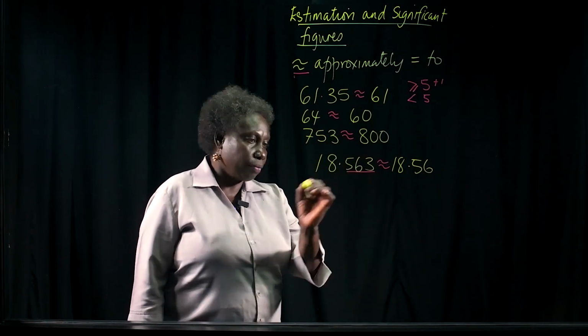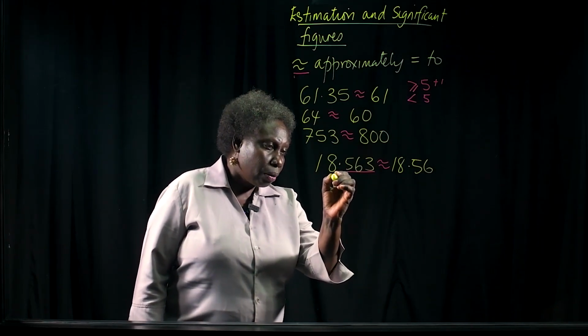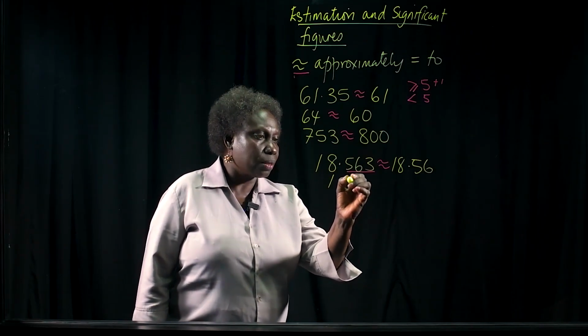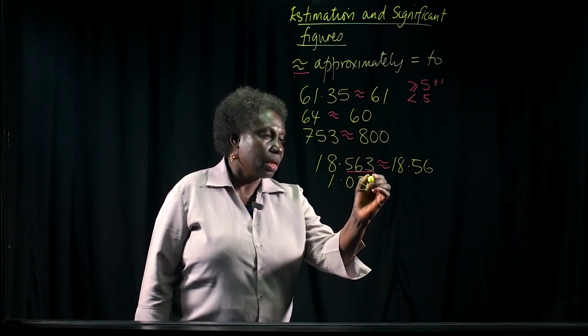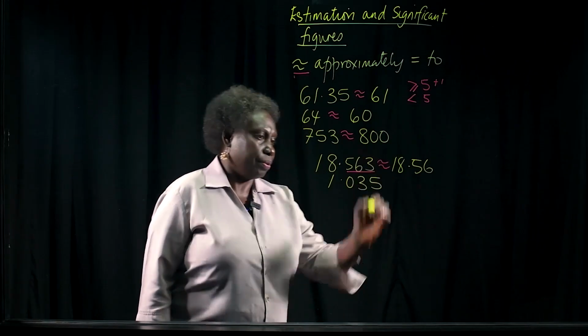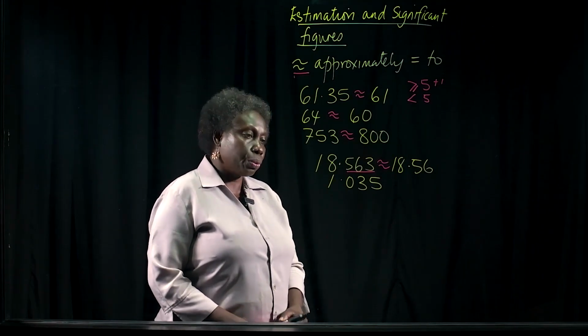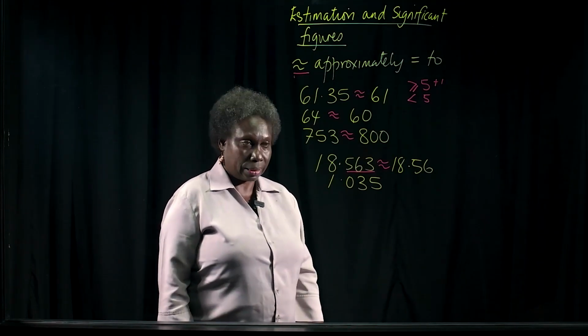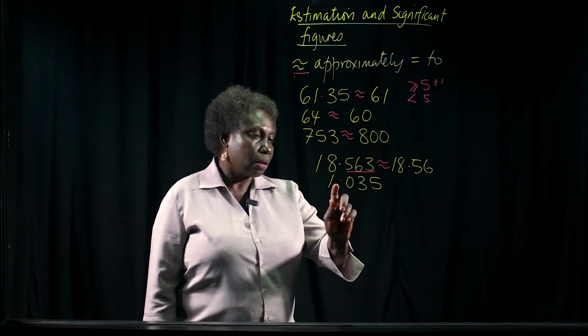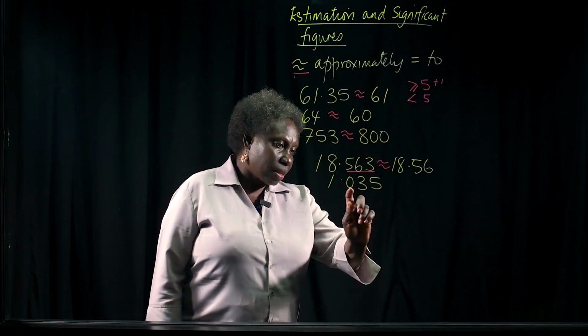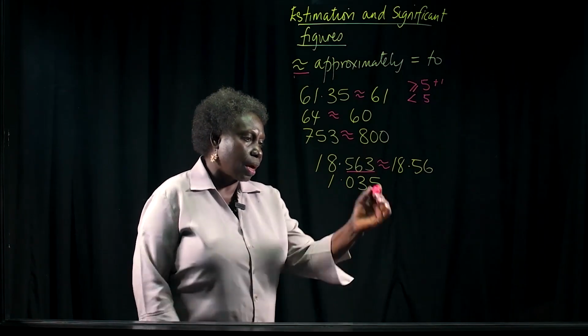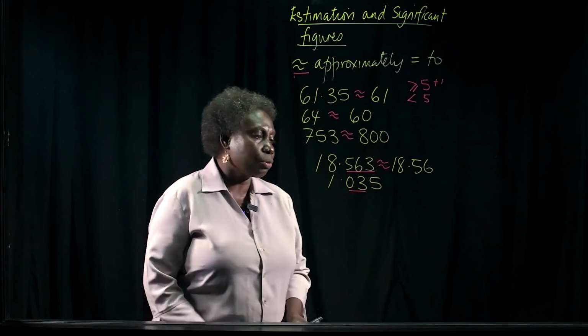Let's look at one more example. I have 1.035. I want to change this to 2 decimal places. I am going to look at the 2 numbers after the decimal point, which are 0 and 3.